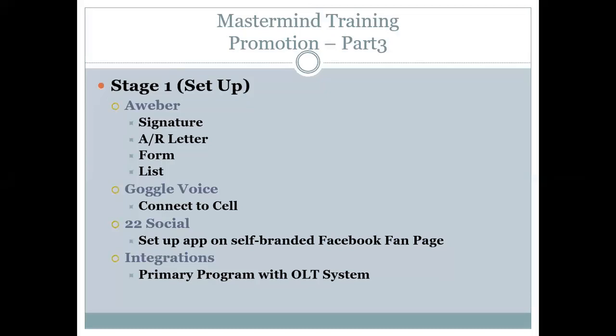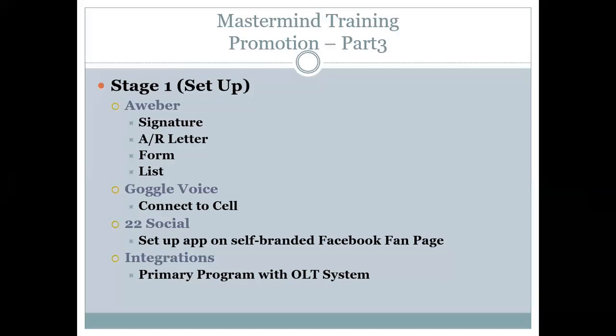22 Social. This can be set up on your self-branded Facebook fan page. Again, if budget does not permit, and PayPal, for example, may not be available in certain countries, that may hinder you having your own 22 Social app.